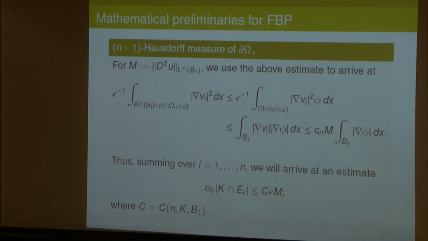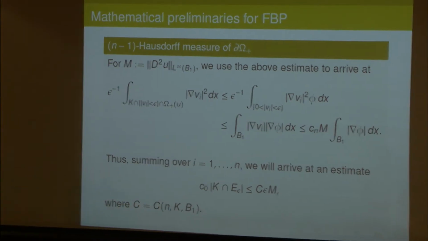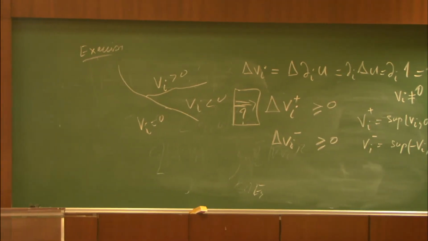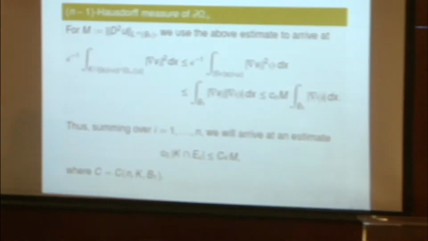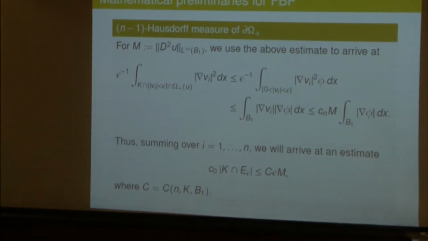Now you sum up over all i between 1 and n, and you get that this volume here. You see, no, I erased that, I'm sorry. Okay, so we saw that this volume could be estimated through this. I think there are a little bit of details here that you don't see.